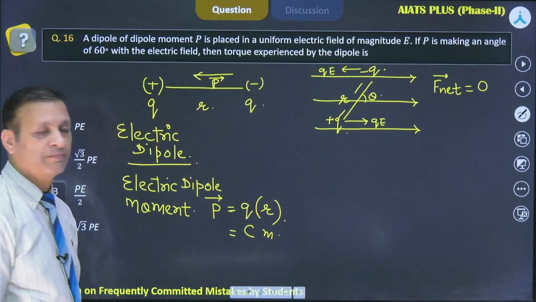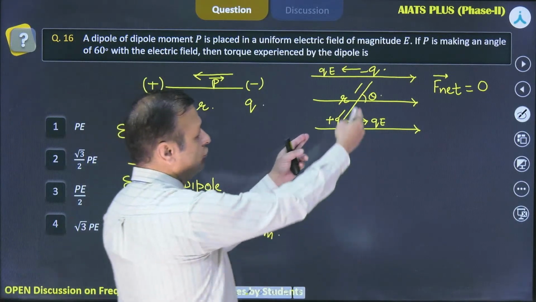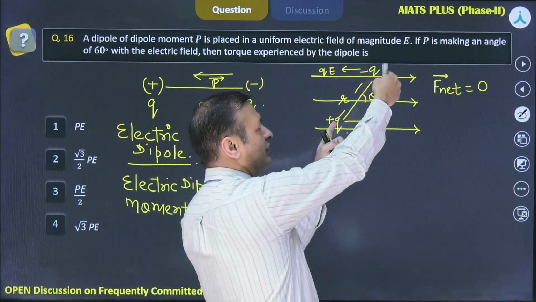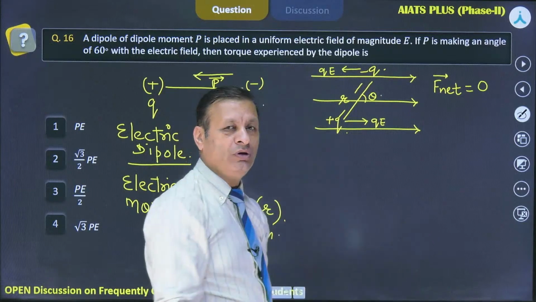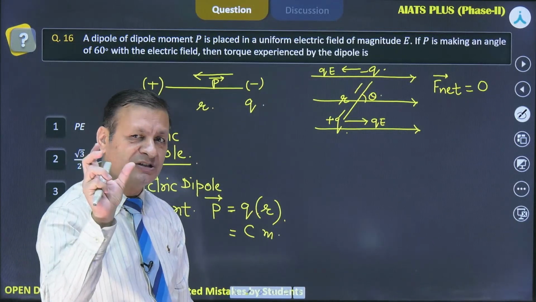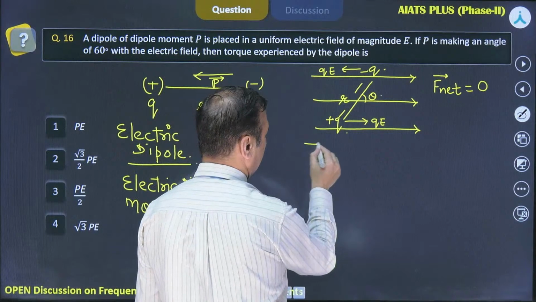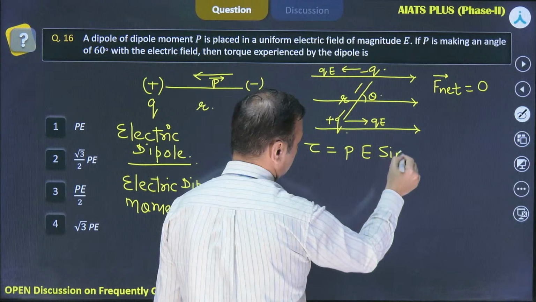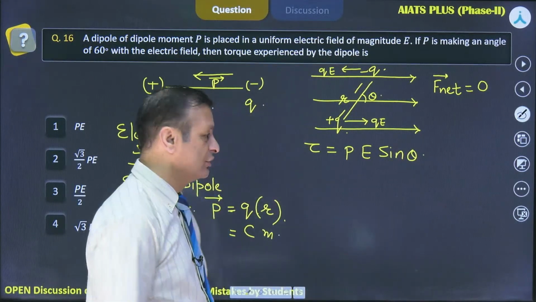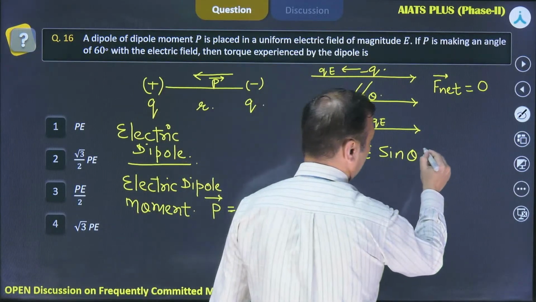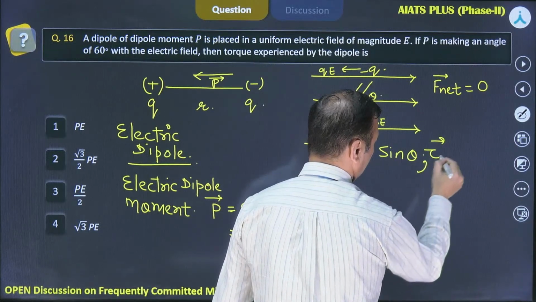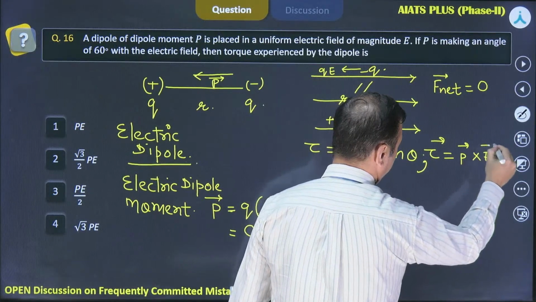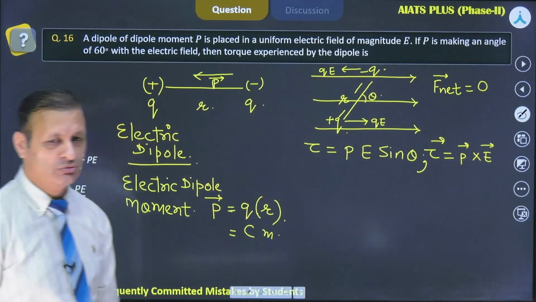You got it? But because these two forces are acting along two different lines, they will try to turn this dipole, and this dipole will experience some torque, and torque is PE sin theta in terms of magnitude, or in terms of cross product, the same torque can also be written as P cross E also.